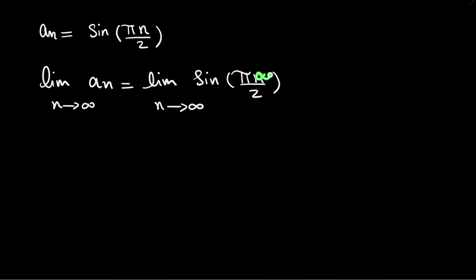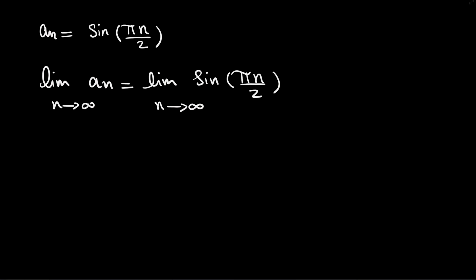If you plug infinity here, what happens? Infinity times pi over 2 is infinity, right? So you have sine of infinity. What is sine of infinity? We don't know what the sine of infinity is.